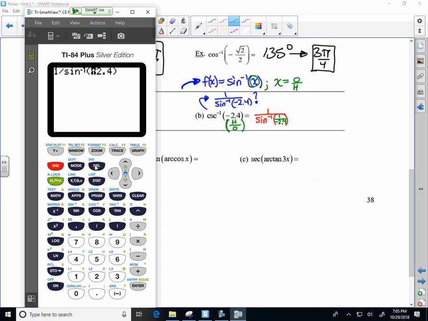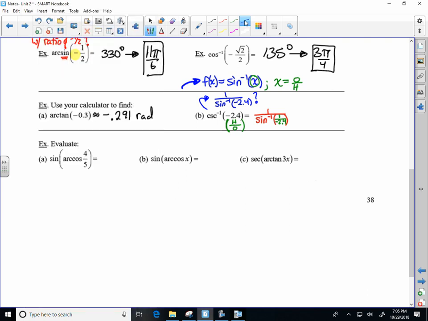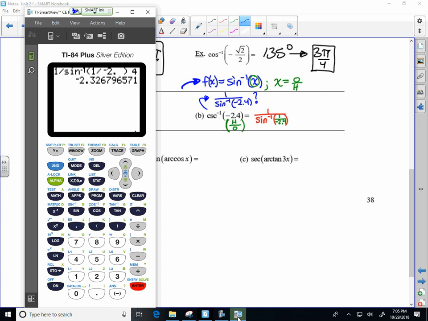And so at minimum now we at least get an answer, and it does turn out it's the correct answer. Negative 2.327 I'll go with.